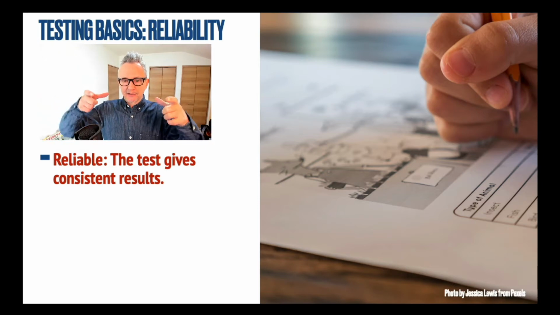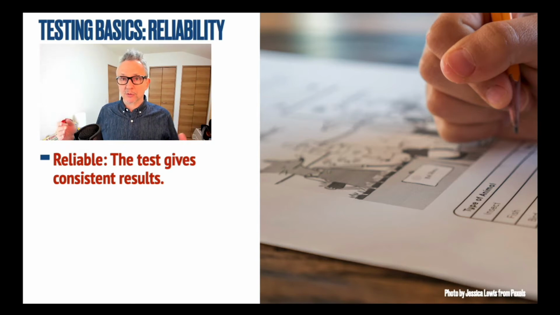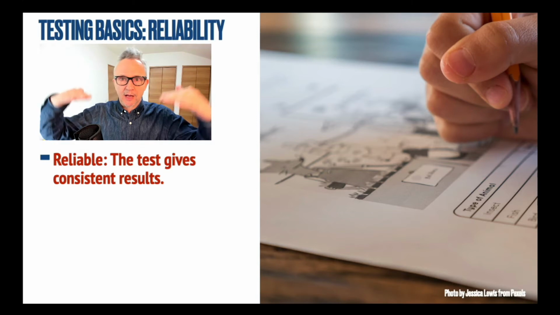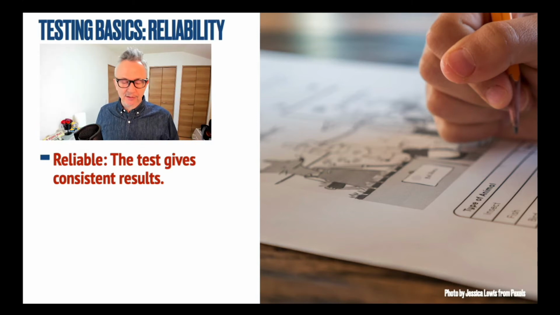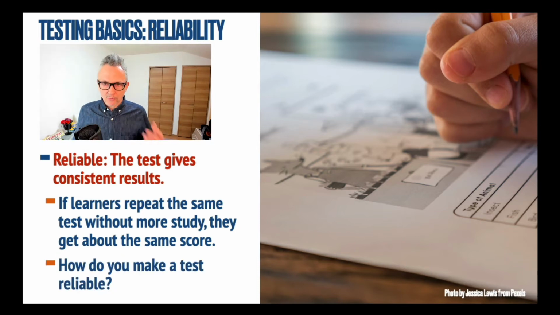If you take a letter to the post office and they weigh it and say that will cost you $1, and you say, oh, I forgot my money, and you go to another post office when you've got your wallet and they say it's $10, that's not reliable. It's not consistent results. For learning, it would be like this. If learners repeat the same test without more study, they should get about the same score. The test is reliable. And so the question is, how do you make a test reliable?